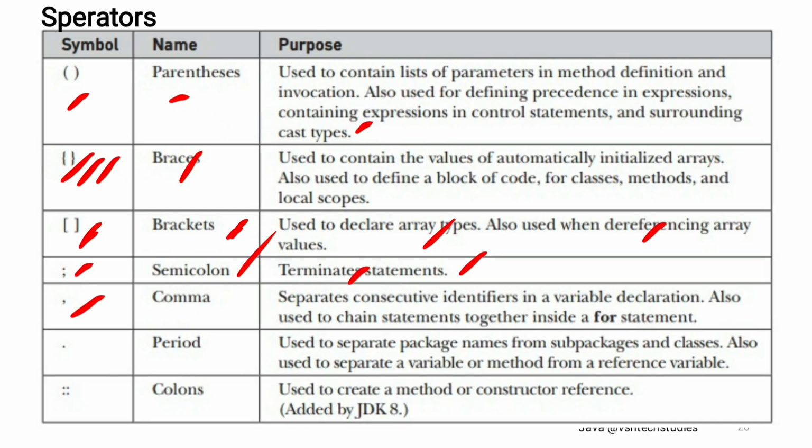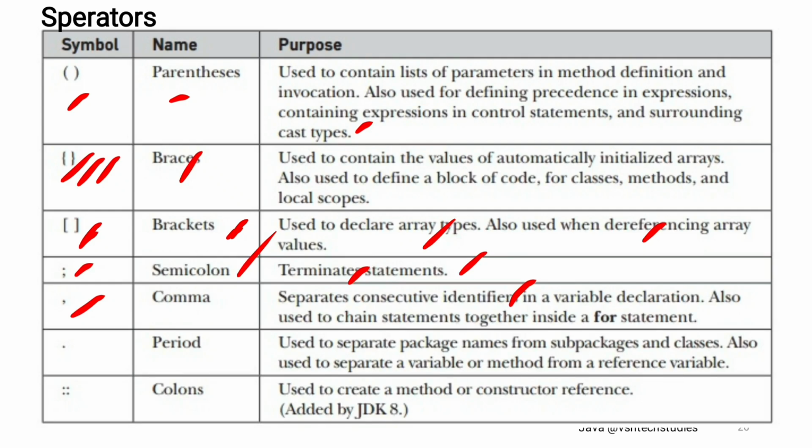Then comma separates consecutive identifiers, meaning we write int a, b, c; The semicolon is the end of the declaration statement, but a, b, c with commas means the comma is the separator of identifiers, where a, b, c are the identifiers.